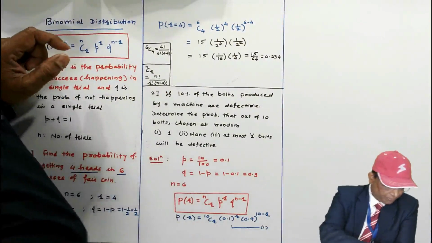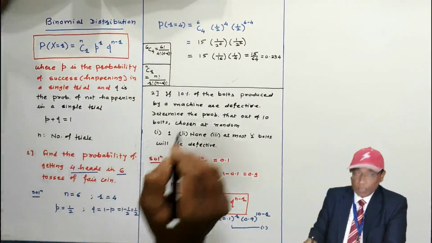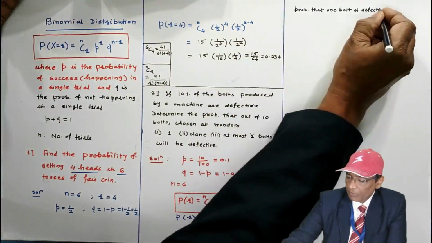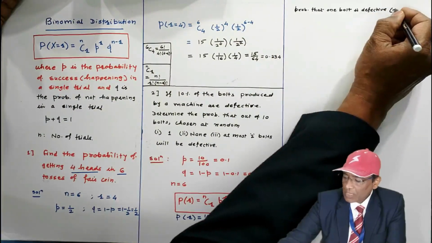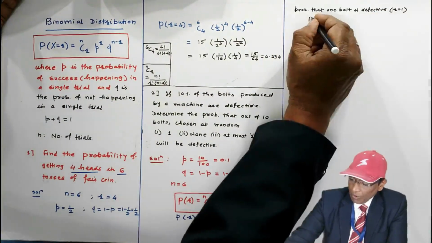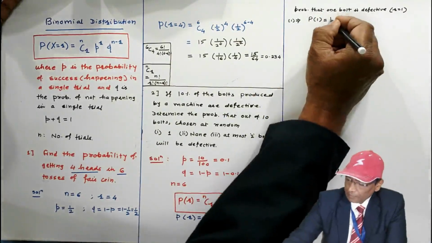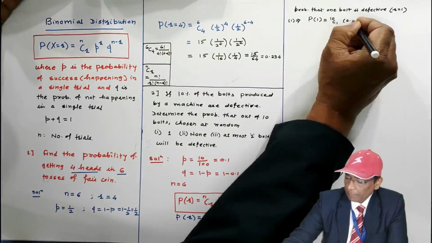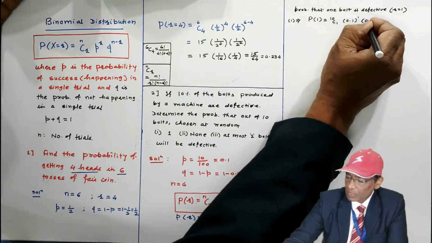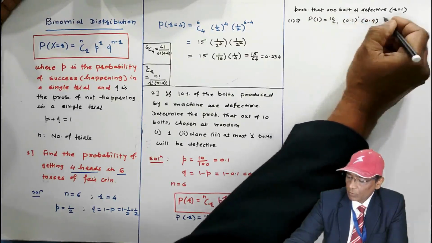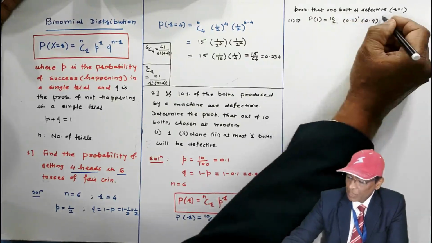Now first one, the probability that a single bolt is defective, that we have to find. Means r is equal to 1 here. P of 1 is equal to 10C1, 0.1 to the power 1 and 0.9 to the power 10 minus 1, which is 9.